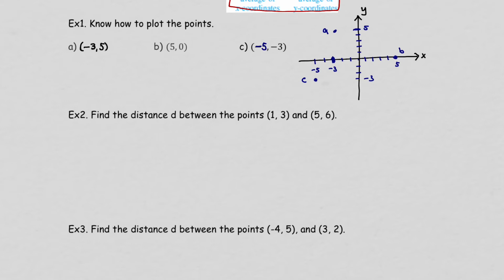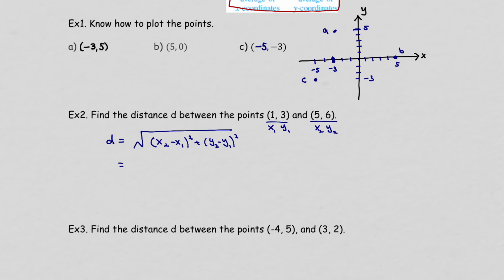Next example, finding the distance between 2 points. So 2 points are given right here. We will say the first point carries x1 and y1. The second point carries x2 and y2. So then, what was the distance formula again? Distance is equal to the square root of (x2 minus x1) squared plus (y2 minus y1) squared, right?